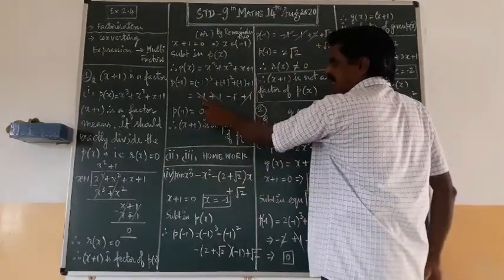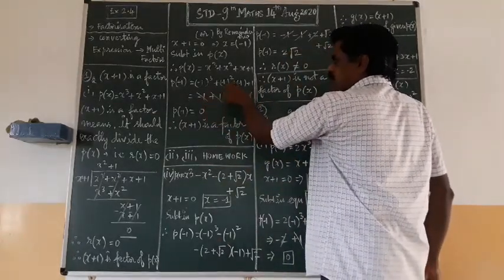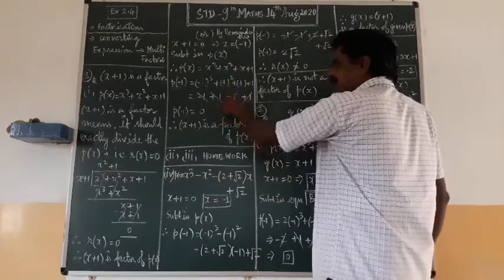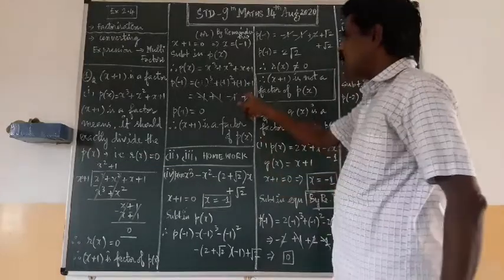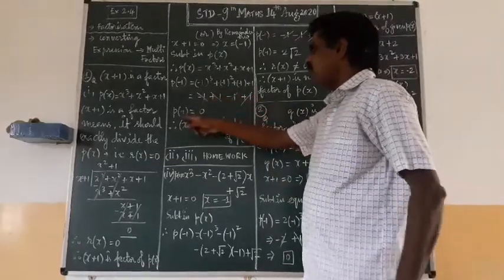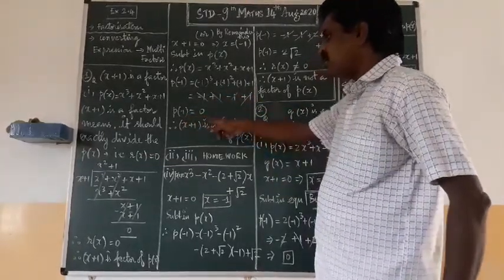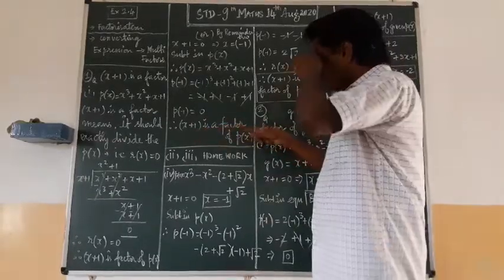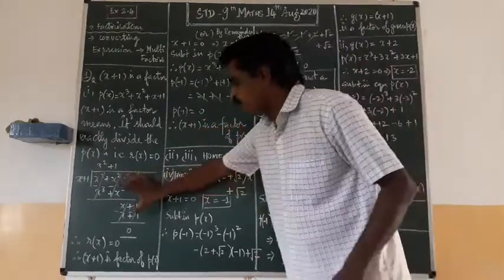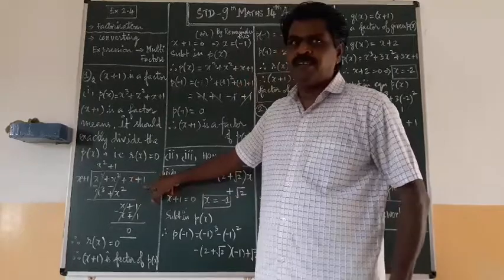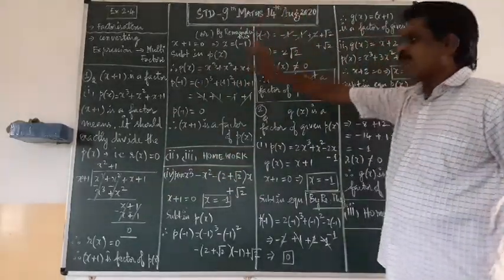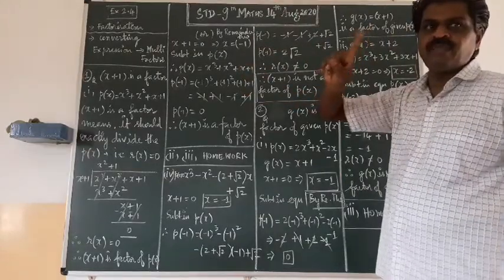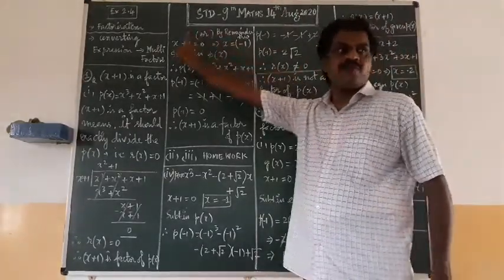Minus 1 cube is minus 1, minus 1 square is plus 1. Minus 1 and plus 1 cancel. So p of minus 1 is 0. Therefore x plus 1 is a factor of p of x. The same problem I have done in two methods, one by polynomial division and one by the remainder theorem. So you can use both methods if the factor is in linear form.